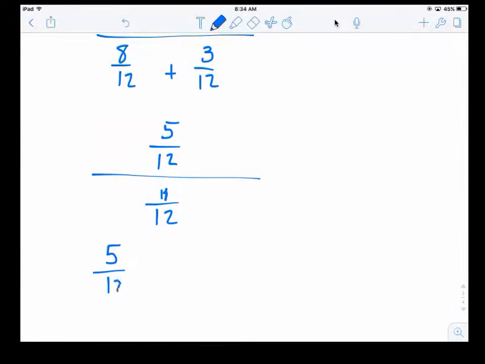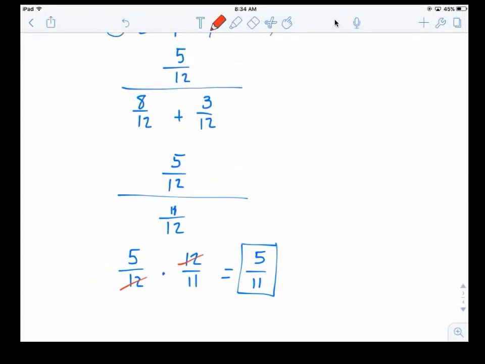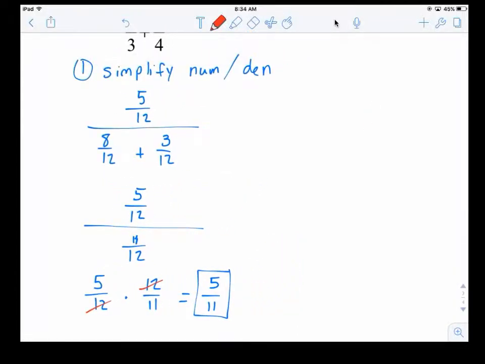So you have 5 over 12 times 12 over 11, and your answer is 5 over 11, because your 12s go away. That's when you simplify your denominator or your numerator first and then divide.